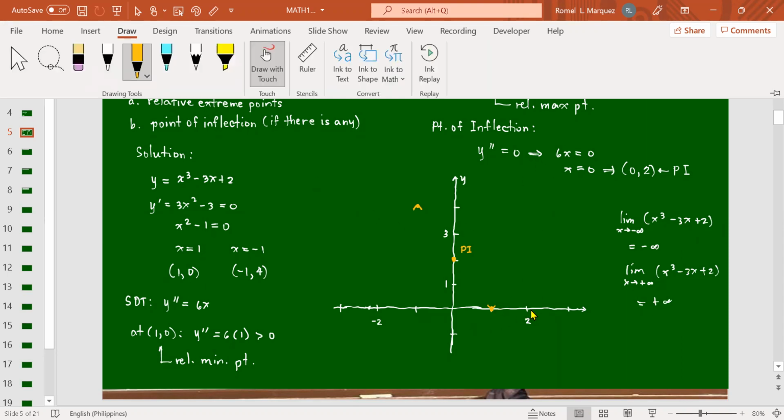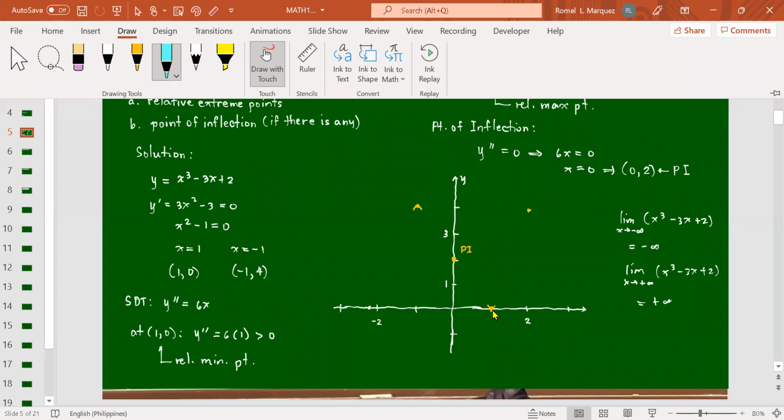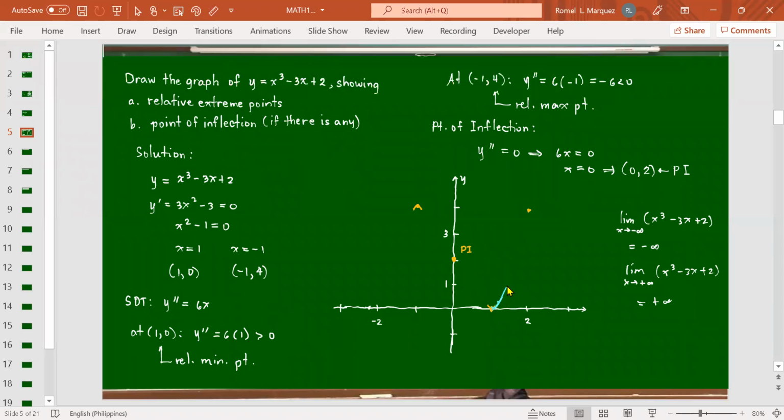When x is 2, let's check a small value: 8 minus 6 plus 2, which is 4. It passes there. Even if you were not able to pass it there, it's all right, as long as the behavior keeps going up.